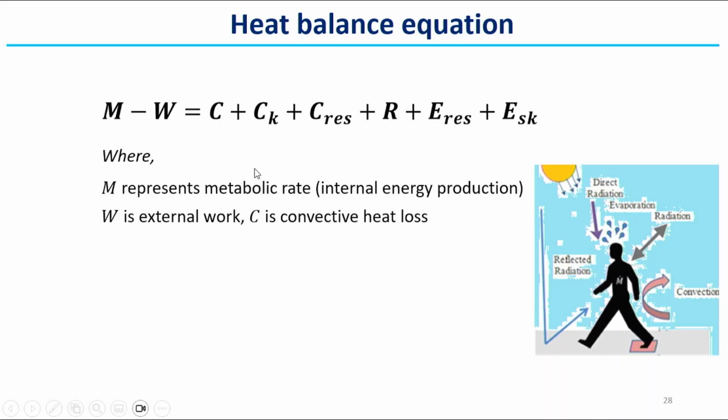In windy conditions, this convective heat loss is very high. Ck is the conductive heat loss, C res is the respiratory heat loss, and R is the radiative heat loss.